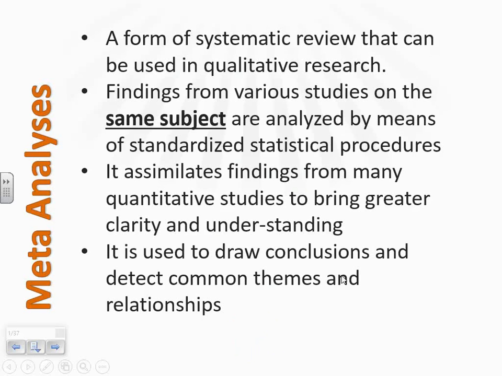Findings from various studies on the same subject are analyzed by means of standardized statistical procedures. It assimilates findings from many quantitative studies to bring greater clarity and understanding to the research field you're conducting your research in. It is used to draw conclusions and detect common themes and relationships, which is very important.